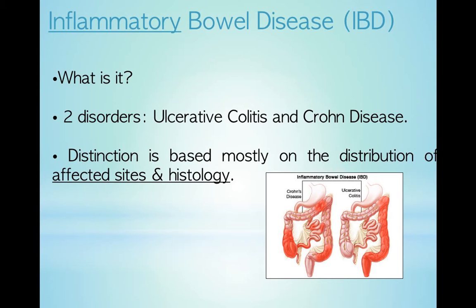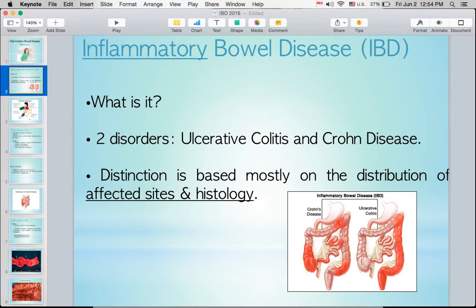Is it based on the signs and symptoms, or is it based on what exactly? The distinction is based on the affected sites, the distribution of the affected sites. As you can see in this image, the distribution for Crohn's disease is going to be discontinuous. It's all over the place. We have an inflammation here, we have an inflammation here.